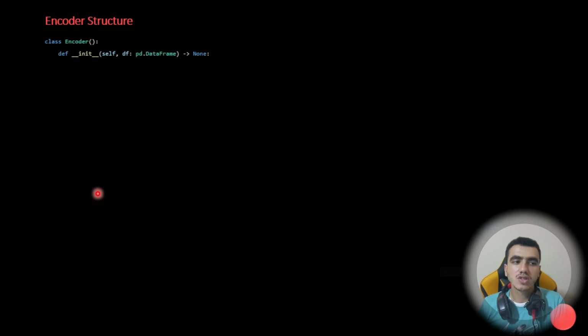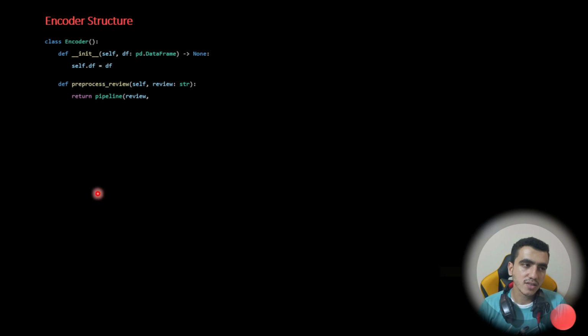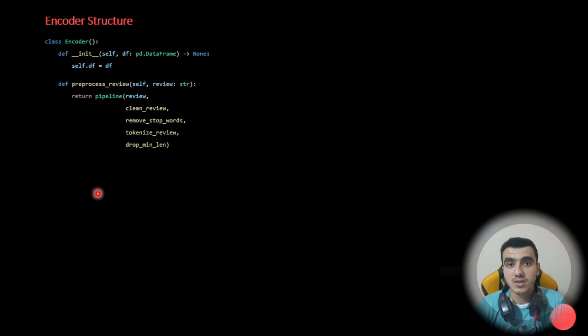So the encoder structure will be having this set of functionalities. First, we have this pre-processing pipeline, which will be cleaning the review, removing stop words, tokenizing it, and also dropping the minimum length, whether some reviews have tokens less than a certain threshold, like a review with 2 words. The model will not be accurate in this manner, because the model needs some data to determine whether it is a positive or negative review.